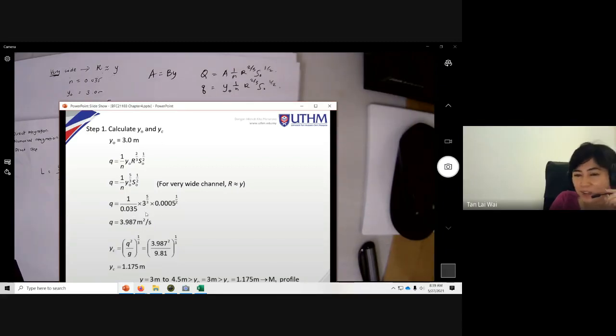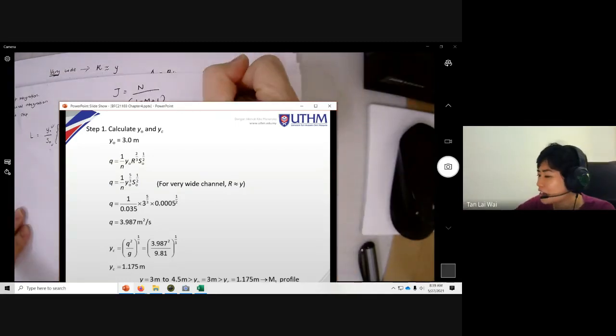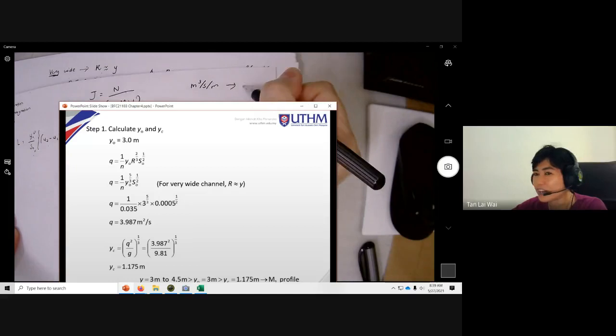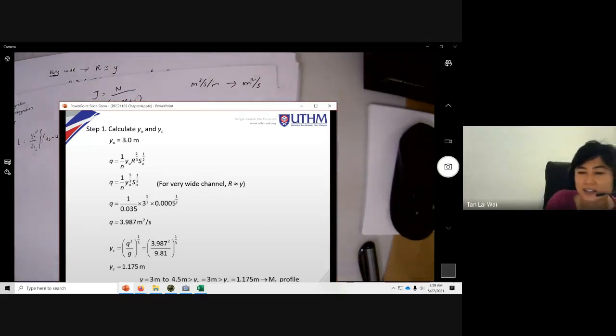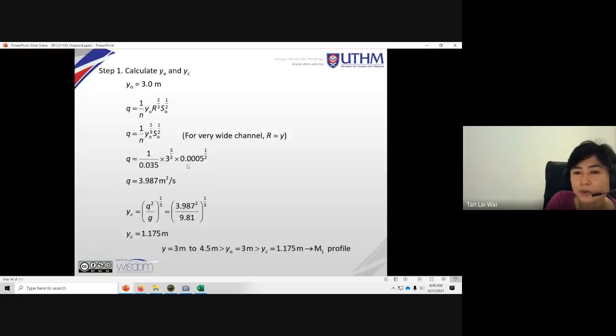I can write my unit in terms of meter squared over second too, because what I have here is meter cube over second over meter. This one I can rewrite as meter squared over second. It's similar. Therefore, you have YC. So for YC, you substitute Q and G.